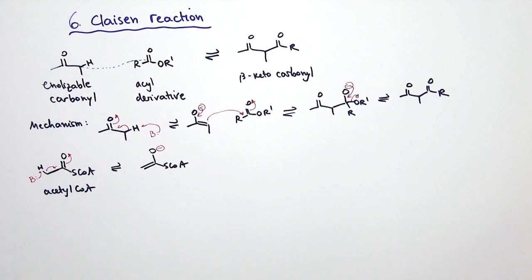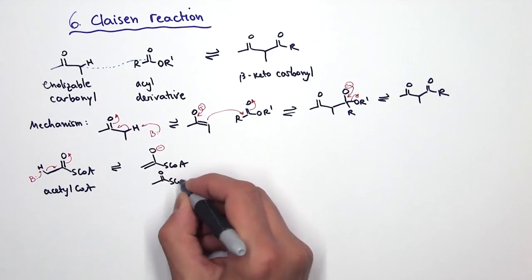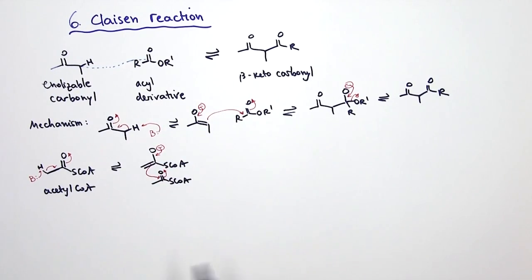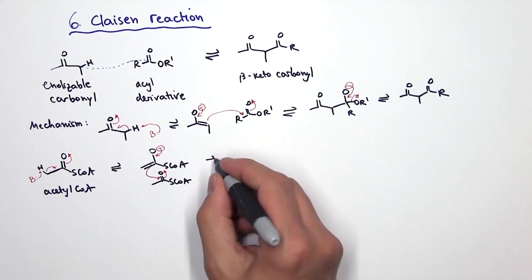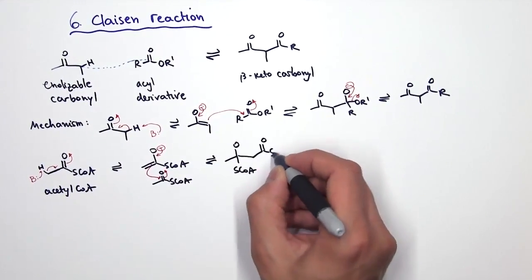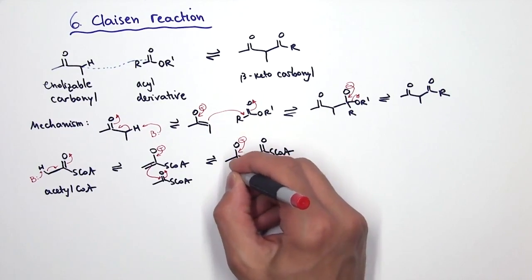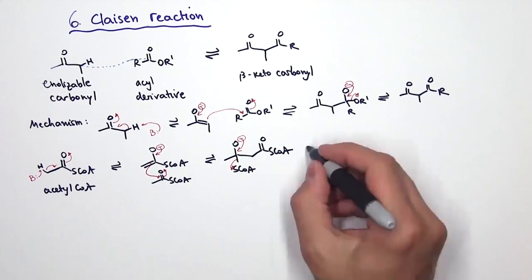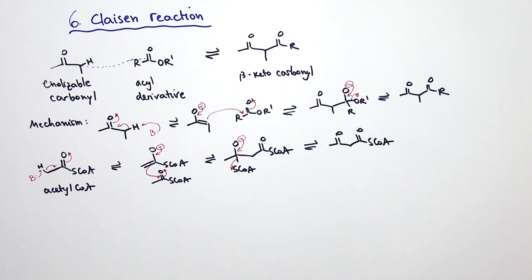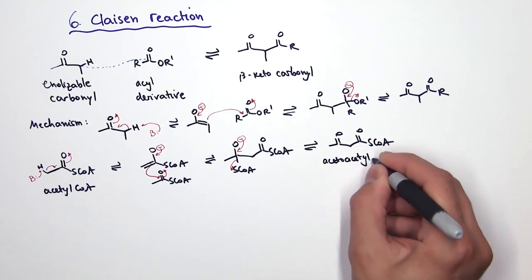Here is the acetyl-CoA enolate, which can react with another acetyl-CoA molecule and will generate a tetrahedral intermediate. Let's draw this molecule first, which can lose one of the CoA molecules to generate this beta-keto thioester, acetoacetyl-CoA.